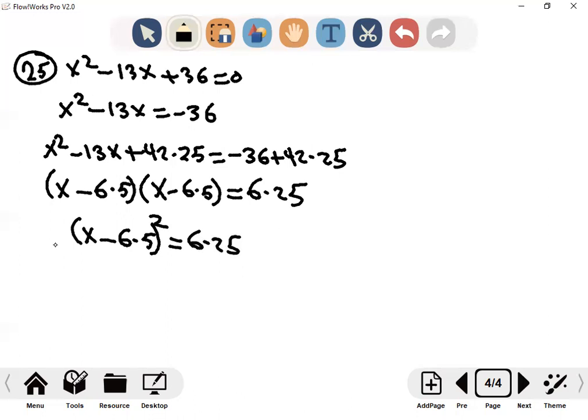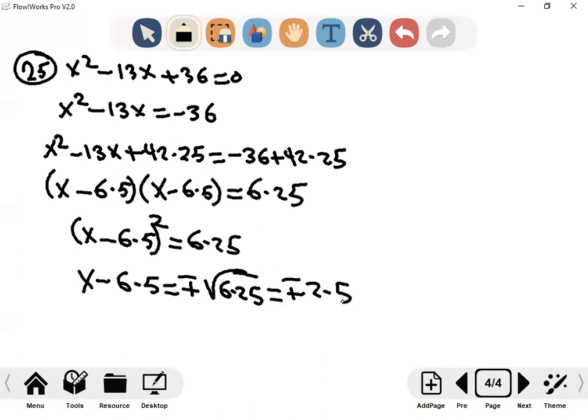Now here x minus 6.5 equal plus minus square root of 6.25. Find it. 2.5 exactly. So this is equal plus minus 2.5.